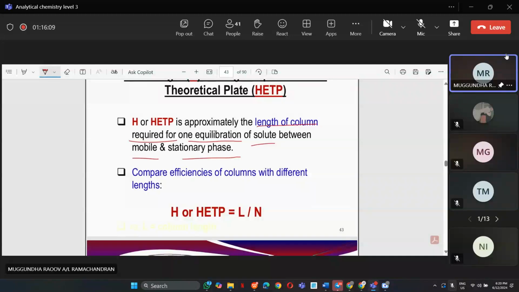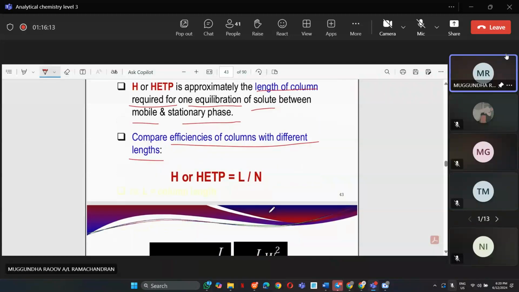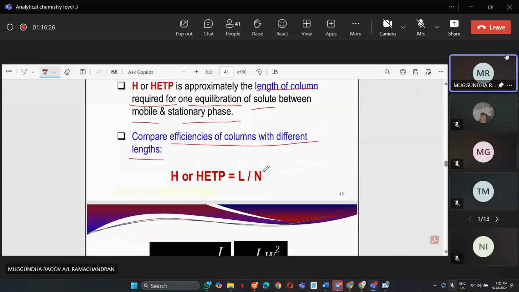To compare the efficiency of columns with different lengths, the longer the column, the larger N will be, but HETP will be lower.